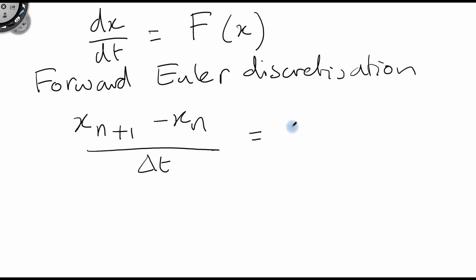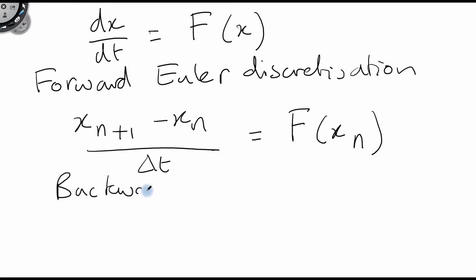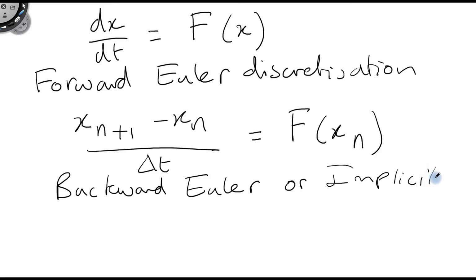And the right hand side then, believe it or not, is just simply f evaluated at xn. And that's a subtle difference. That's why sometimes it's called backward Euler or implicit. It's all about changing this term on the right hand side.